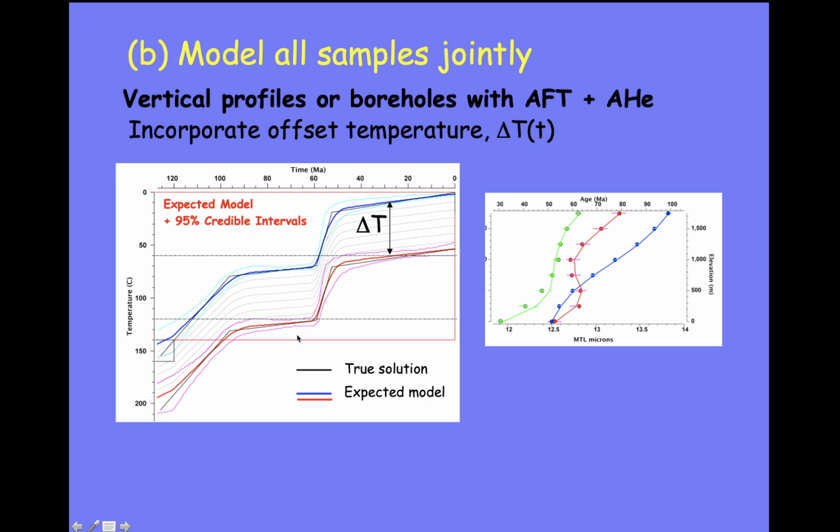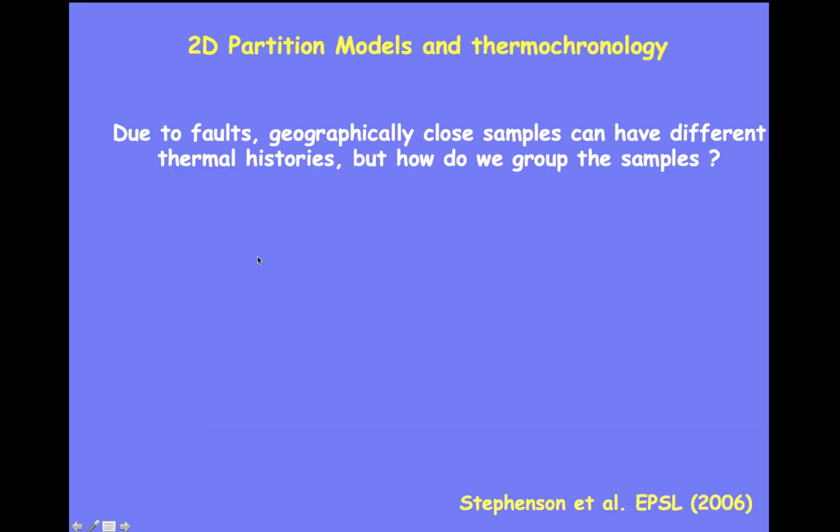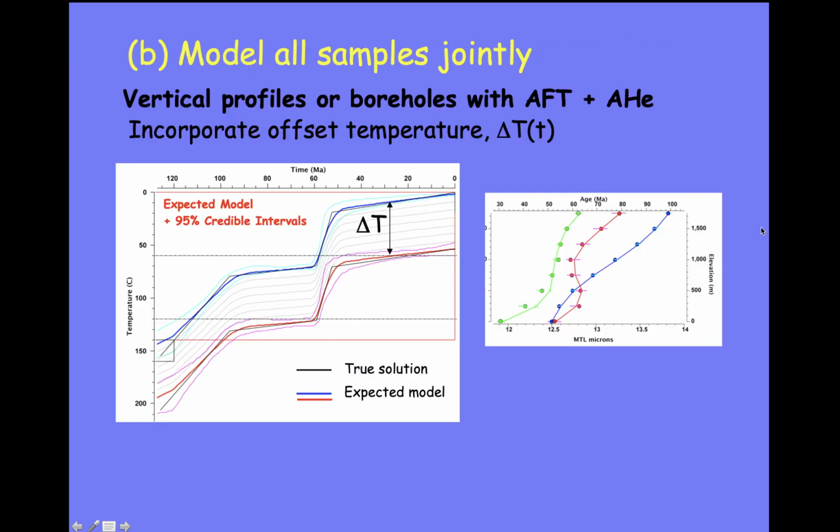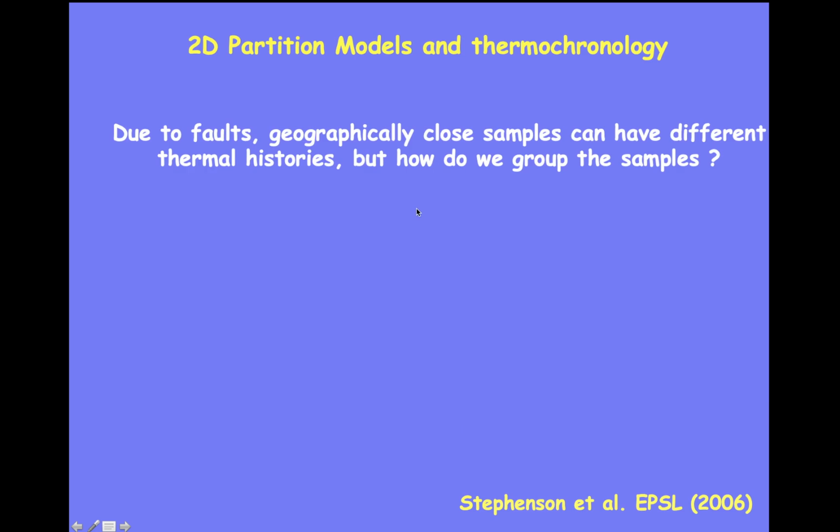But you see now that the results are much more coherent. It's the cooling profile for that whole vertical profile. We get the two periods of cooling well resolved. The pink lines around the red curve, and the light blue lines around the darker blue curve, are what we call the credible intervals, which is the uncertainty around the thermal history.